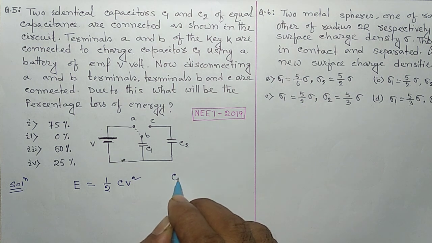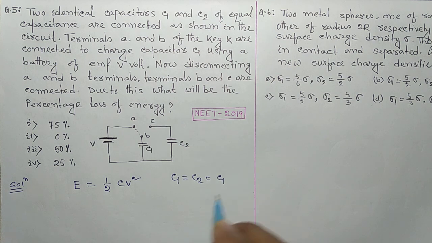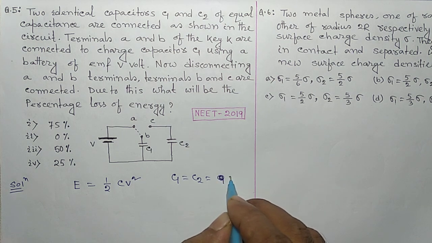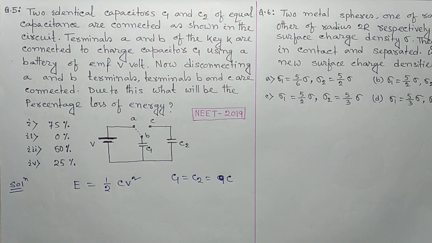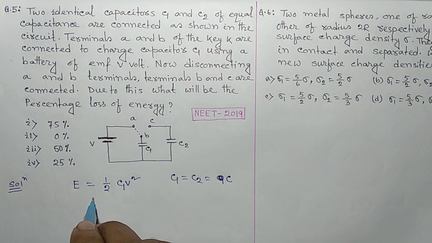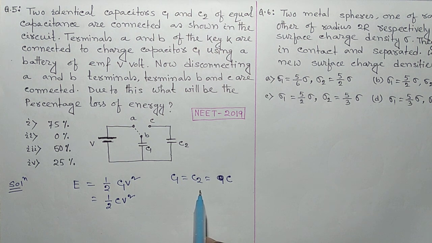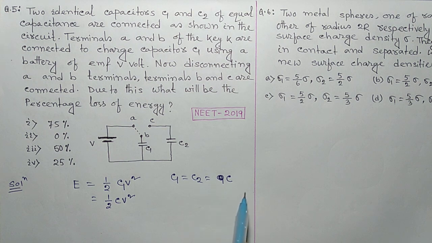That means C1 is equal to C2 is equal to, we may write, C. So initially its energy is half C1 V square, so we can write half C V square, because the two capacitors are the same.